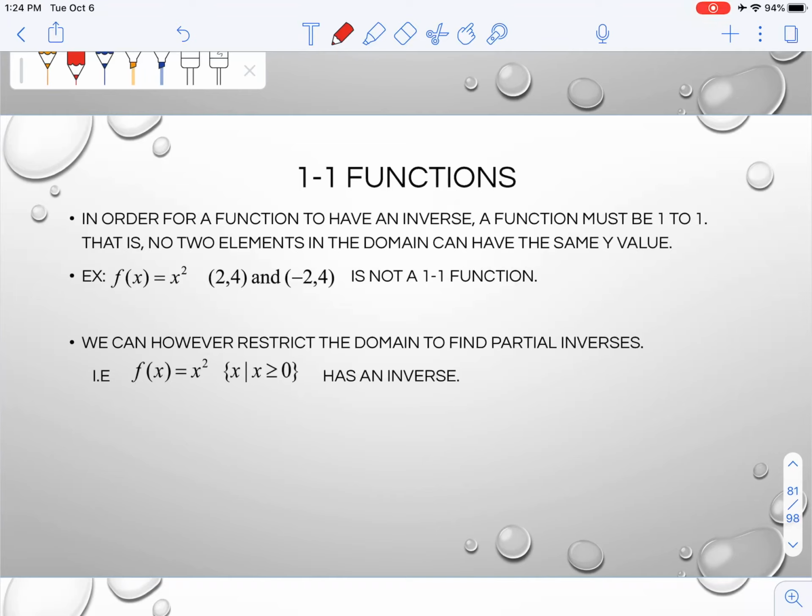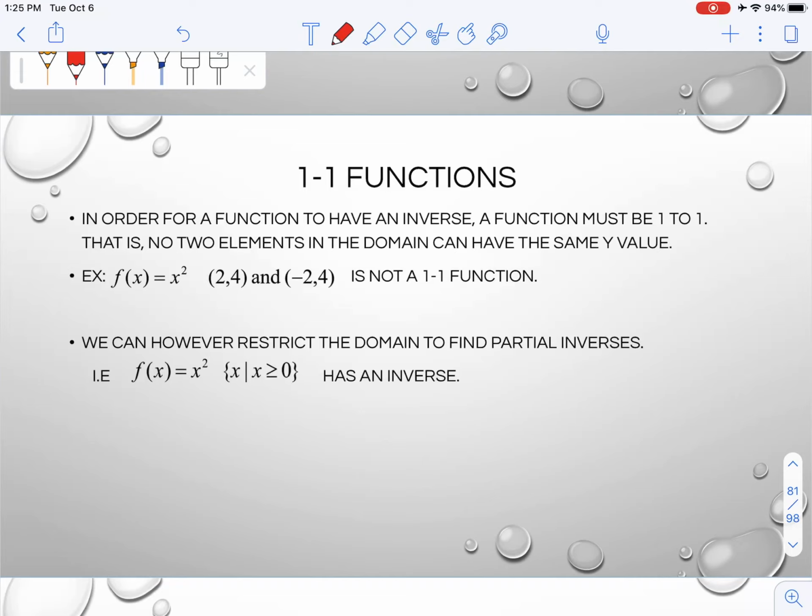For a function to have a complete inverse, the function must be what we call one-to-one. What that means is that no two elements in the domain can have the same y value. So every input value not only can have just one output, but each output must be unique and cannot be repeated.